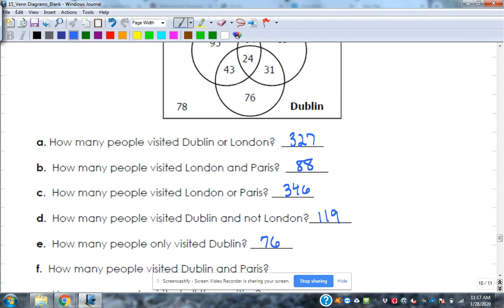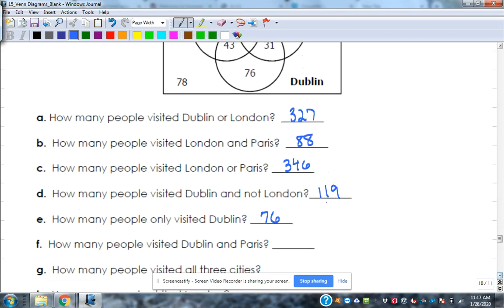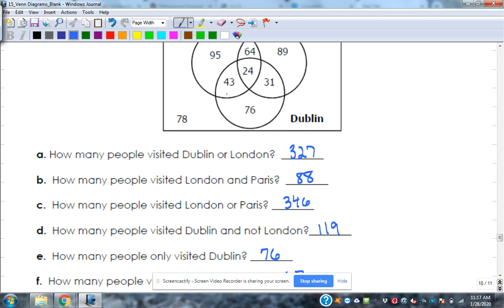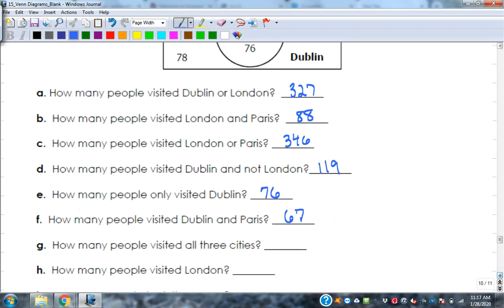F, how many people visited Dublin and Paris? 67. Good job. Visited Dublin and Paris, you're adding 43 and 24. And then G part, how many people visited all 3 cities?